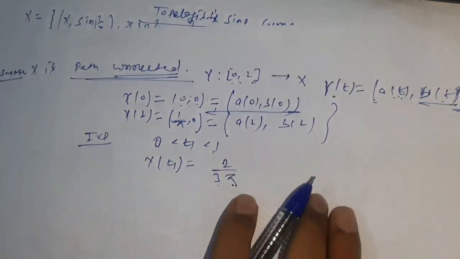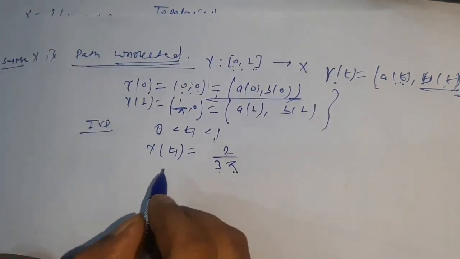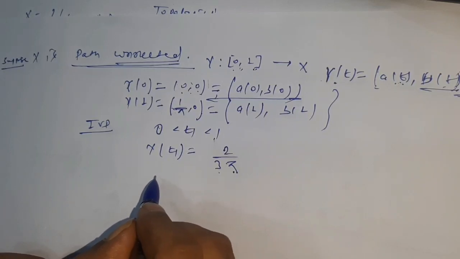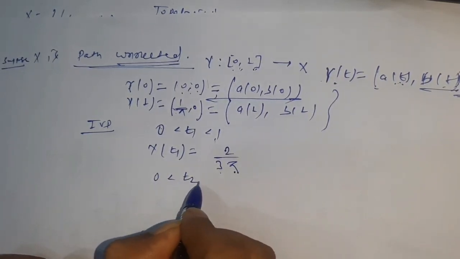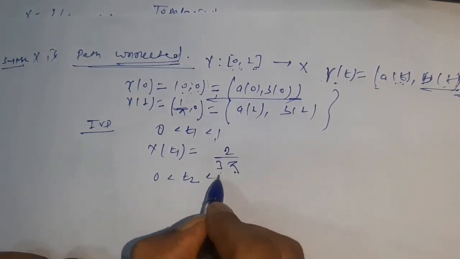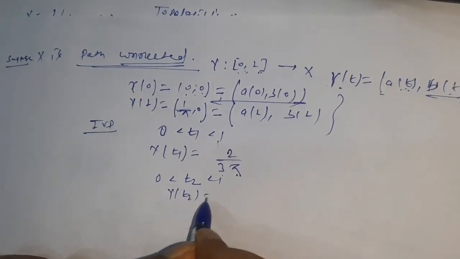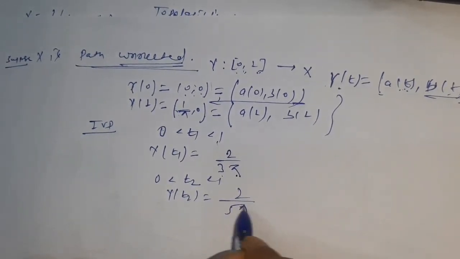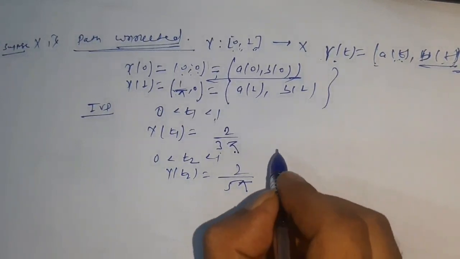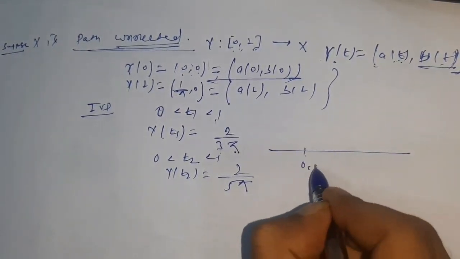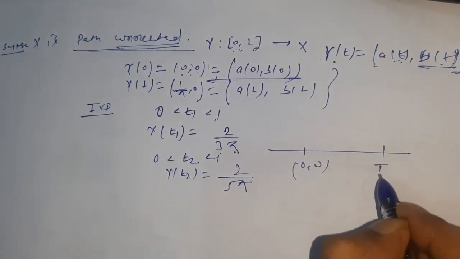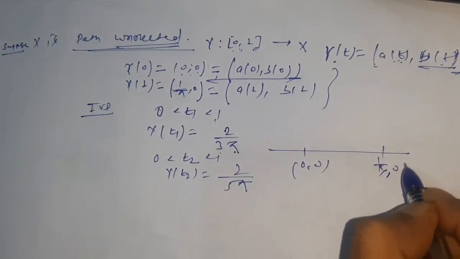And similarly, for another t2 in 0 to 1, gamma t2 is equal to 2 by 5 pi. Similarly, you can visualize from here, 0 0 and 1 by pi 0.